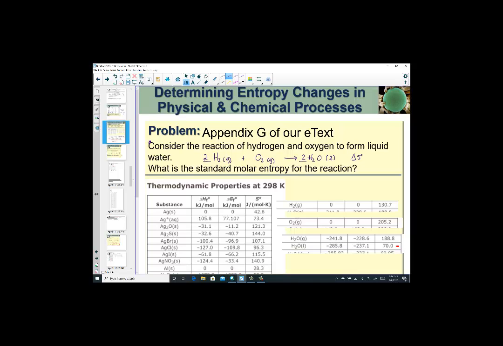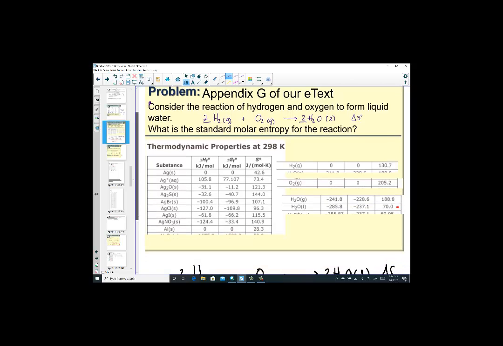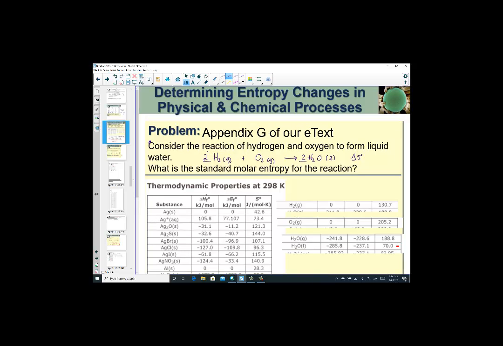Now I just took a screenshot and inserted it into this diagram here, just to show in the appendix that the first column will always give us the standard heat of formation, that's enthalpy. The second column always gives us Gibbs free energy, which I know is coming in our next lesson. Free energy will be talked about next. And it's the last column that gives us the entropy values.